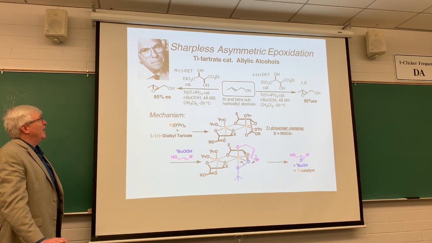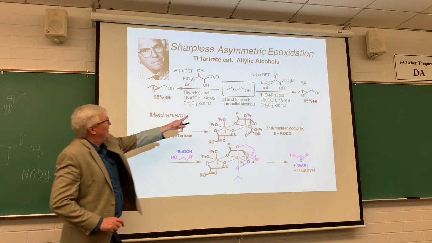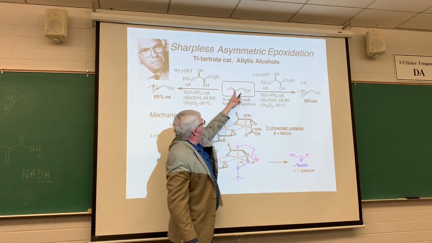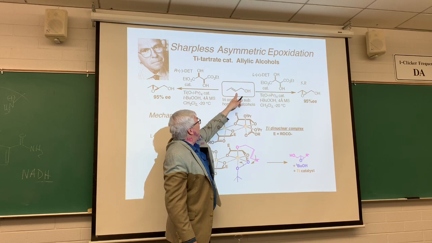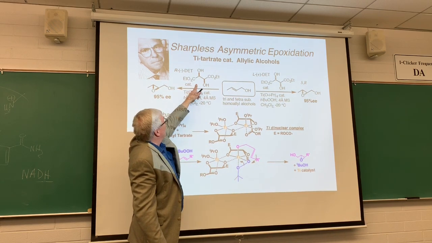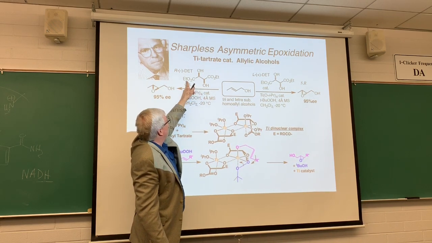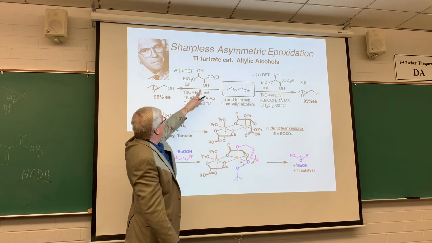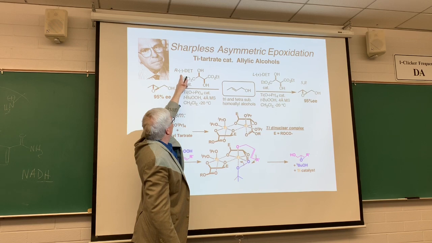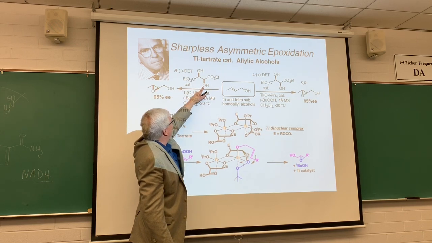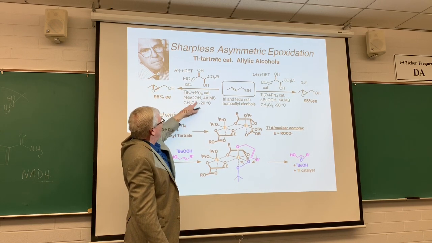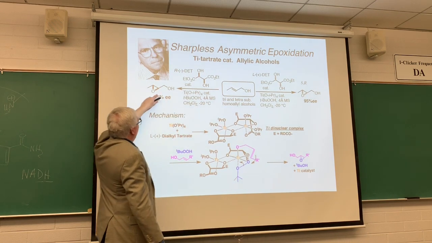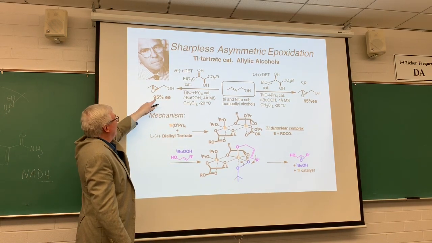He did the work at MIT years ago now, and it turns out that these allylic alcohol alkenes are the ones that are very good for his catalyst system, which is these ethyl ester tartrates. Tartrates have two stereocenters. If you use the levorotatory one here with titanium, you don't need to worry about all this other stuff. You get high enantiomeric excess.